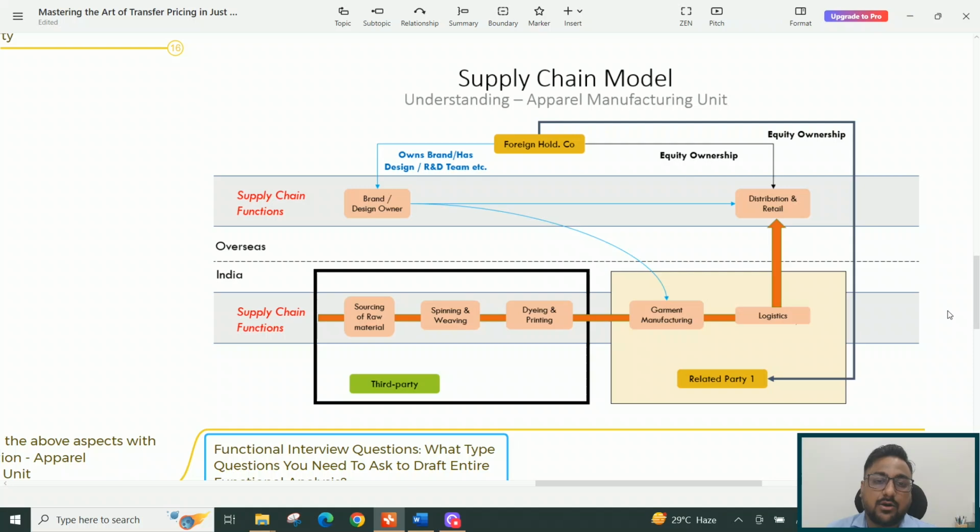Now if I hold a brand, and I give rights to sell the products, then technically I should be eligible for remuneration on sales, and that is what we call in general terms royalty, right? If I am providing some technical know-how, this is not an example pertaining to apparel manufacturing, but it could be in any case, if I am providing my technical inputs in manufacturing, then a technical know-how fee can be charged.